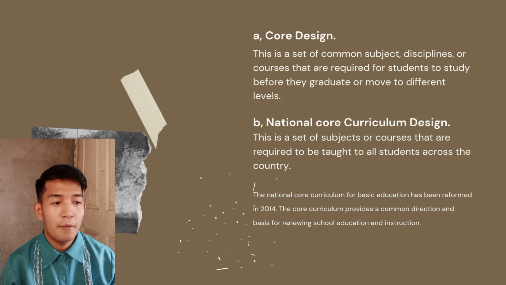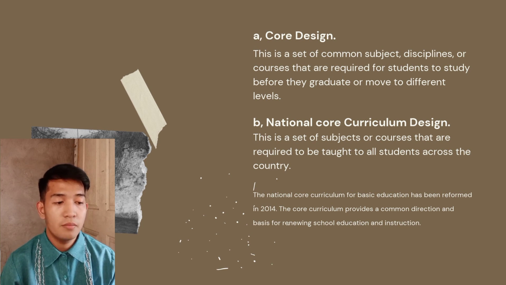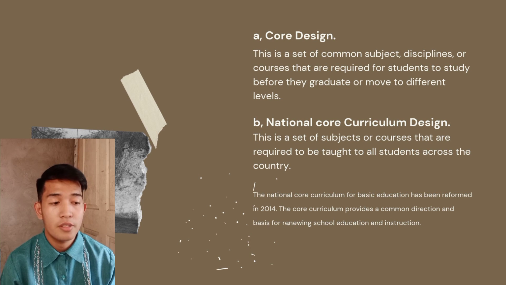From the words national core curriculum design, this core curriculum is prescribed by the state through the Department of Education or DepEd, or the Commission on Higher Education or CHED. Examples of national core curriculum designs are the general education curriculum for undergraduate courses and, of course, the K to 12 program or K to 12 curriculum for basic education.